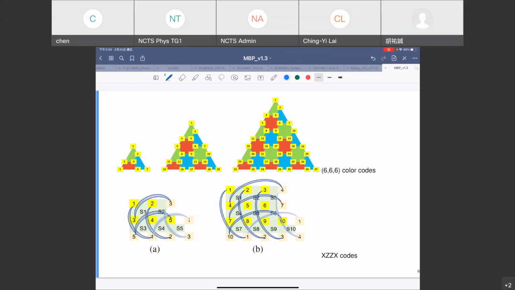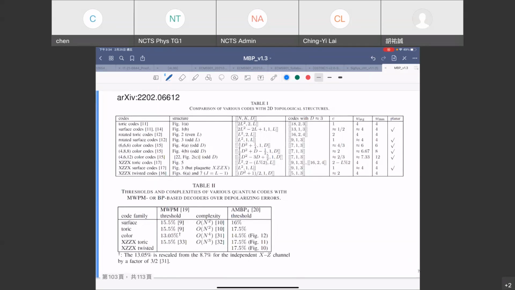For example, if the Z error rate is higher and the X error rate is lower, then you may use this XZZX code. Then we do a comparison of these codes. In our recent paper here, we make a list of these codes, compare the parameters, and then we use our algorithm to do the decoding, and we find some threshold here.